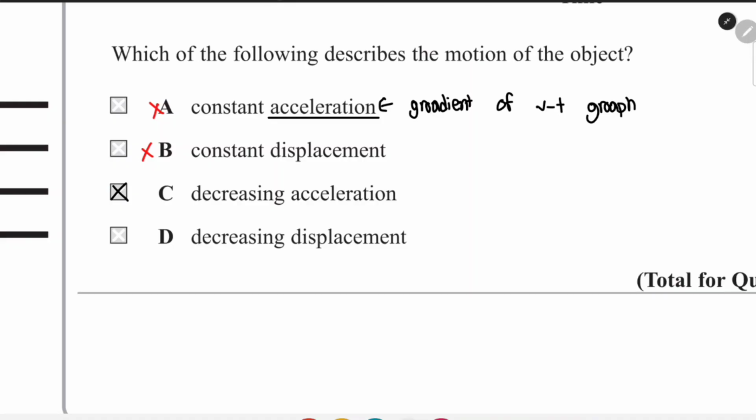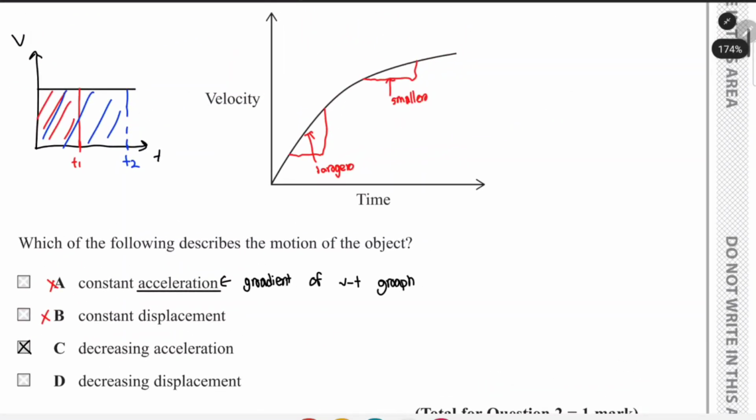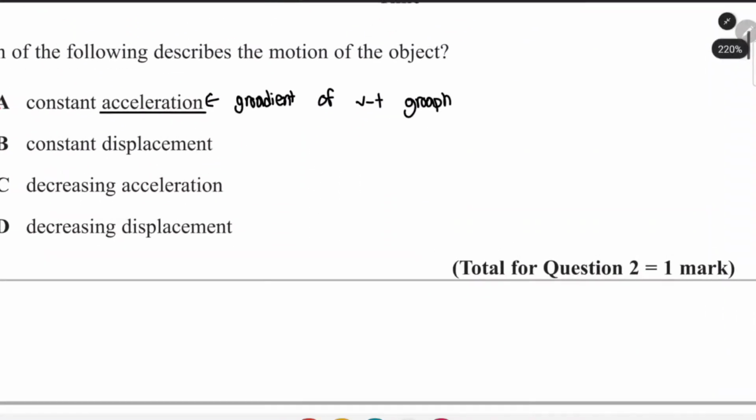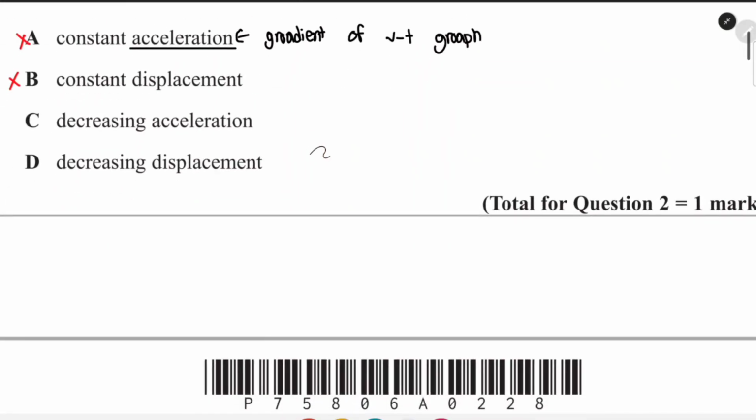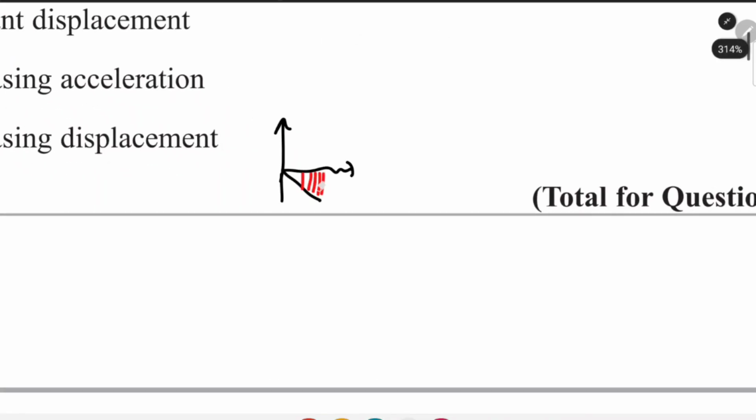We can also explore option D. Option D talks about decreasing displacement. So as time goes on, my displacement keeps decreasing. The only way it's possible is if we have negative velocity. So stuff like this. In this case, the area over the graph is increasing. So this area is increasing, and this area is under the x-axis or the time axis.